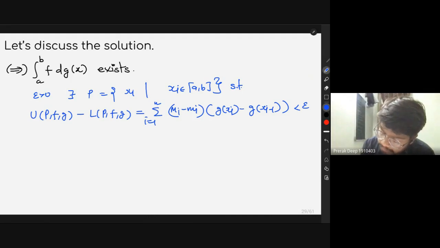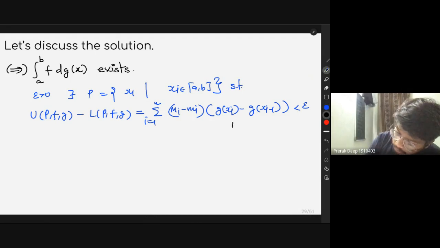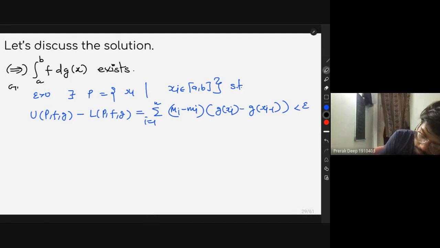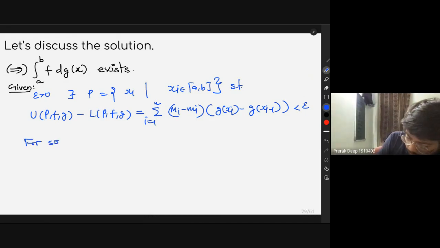Now what is this g(x_i) and g(x_{i-1})? So this is given to us. Let us just keep it clean. Let's say that this is given to us. And now we need to show that we can find a partition.